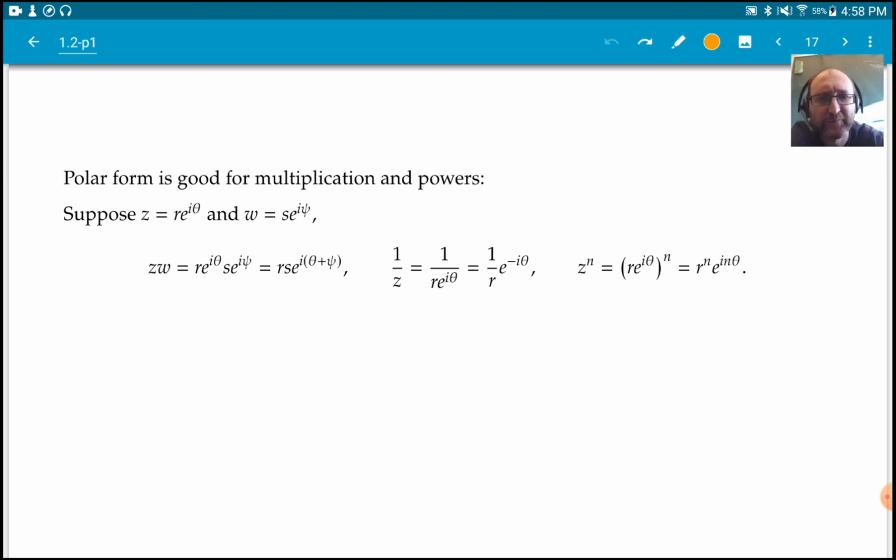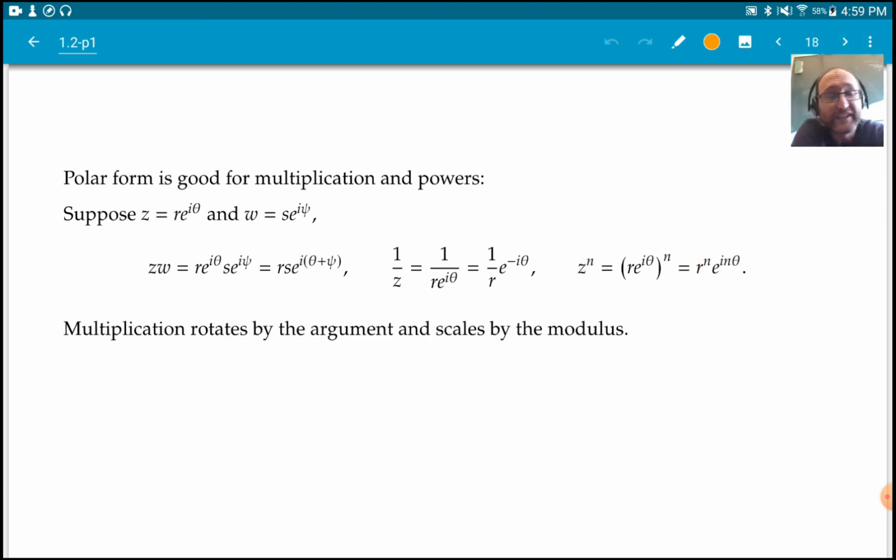So for 1 over z, the argument is minus the argument of z. Now, similarly for powers, it's just multiplying many different times. So you take a power of the modulus and you multiply the argument by n. So it's easy to take powers, easy to multiply.